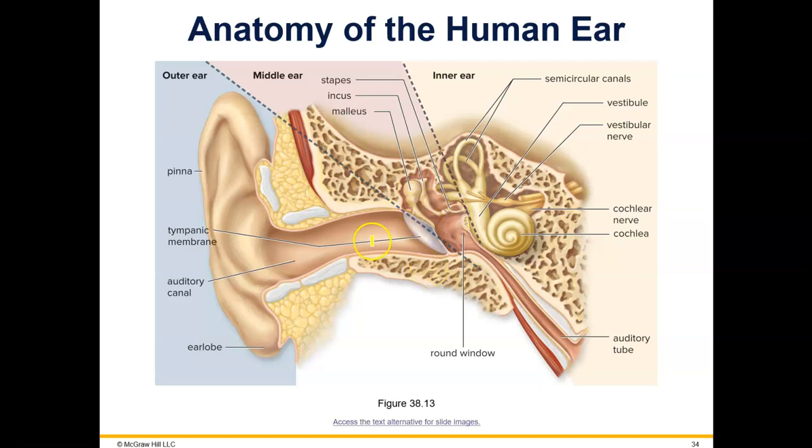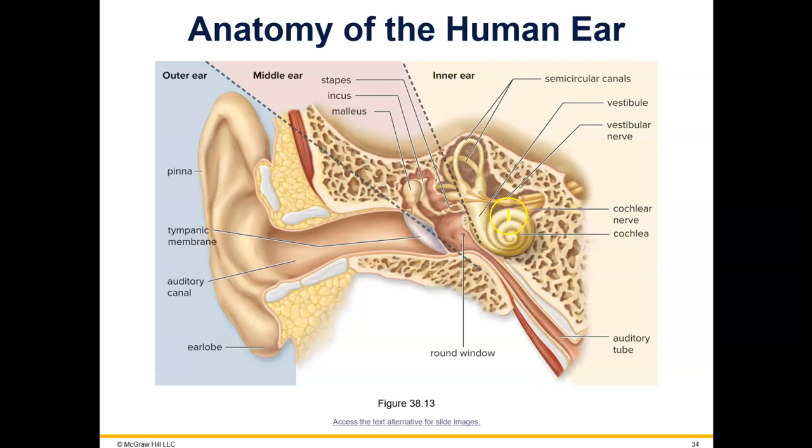So the sound hits the tympanic membrane, vibrates these bones, the malleus, the incus, and the stapes, and the stapes ends up sending vibrations into the inner ear. Now, the inner ear contains semicircular canals, and then the vestibule and the cochlea, which looks like a snail.